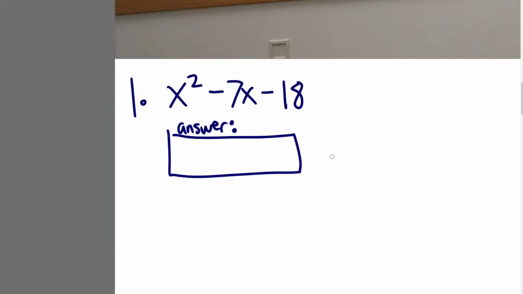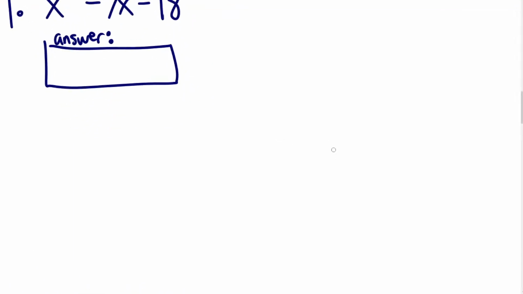So this first one, we have x squared minus 7x equals 18. Our first step is we want to find the greatest common factor. We can't take out an x and we can't take out any constants, so it looks like there's no GCF. Now we want to count the terms. There are 3 terms.